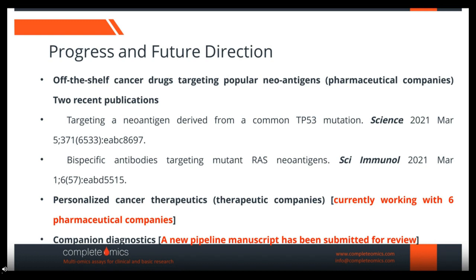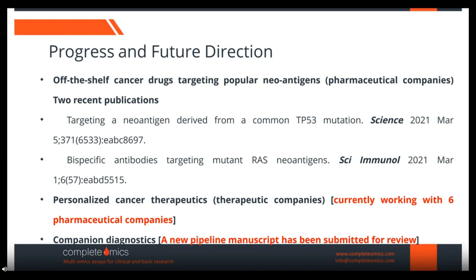With that, we are currently working with 6 pharmaceutical companies to validate their neoantigen targets for their cancer therapeutics approaches. And on top of this seminar, we are just submitting a paper for review describing a new pipeline that can directly handle patient tumor samples.